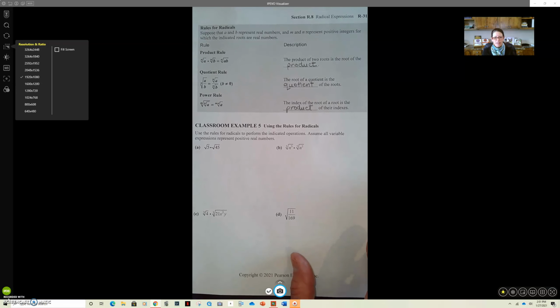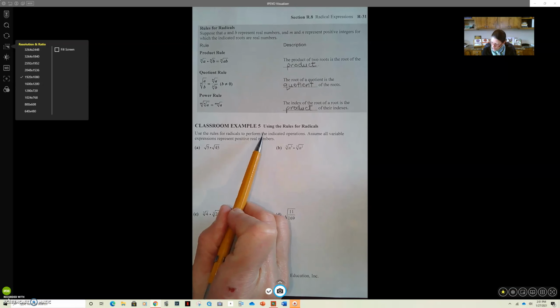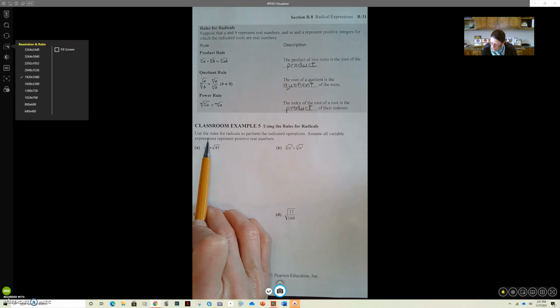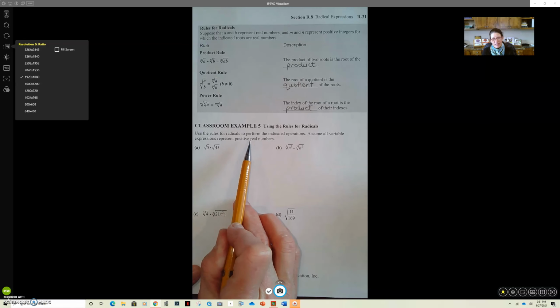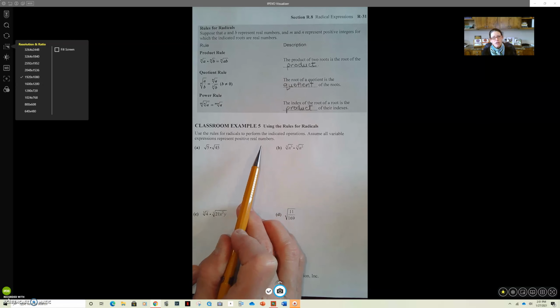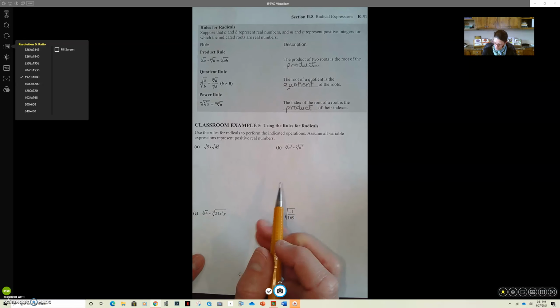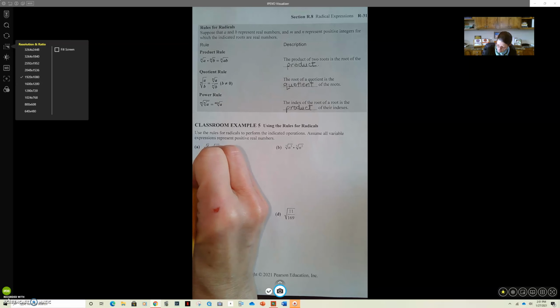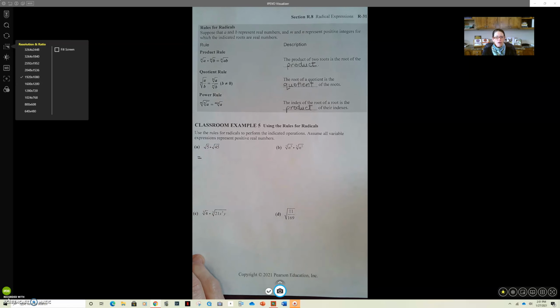Let's make some sense of this. In classroom example 5, we're going to use the rules for radicals to perform the indicated operations. We're going to assume all variable expressions represent positive real numbers so that we can actually use the rules here. The square root of 5 times the square root of 45, those are both square roots.